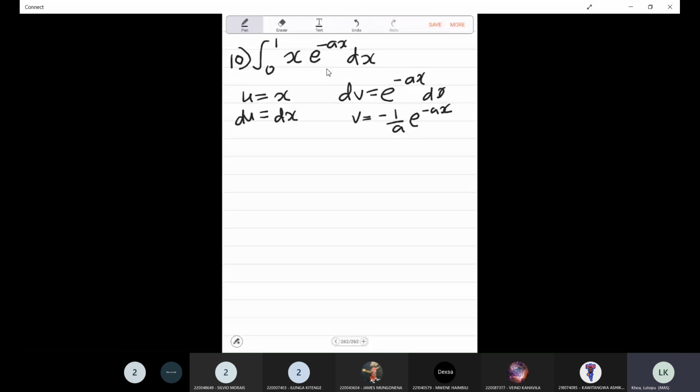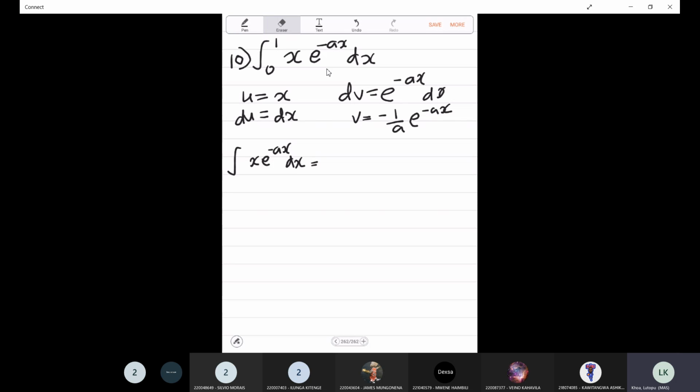Okay, and then we would substitute the integral from 0 to 1 of x e to the power of minus ax dx. This is u times v. So remember, this is a definite integral, or maybe what we can do is first ignore the limits, get our integral, and then work out the definite integral at the end.